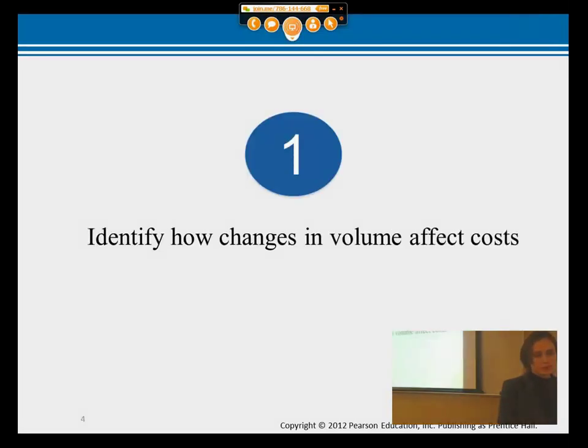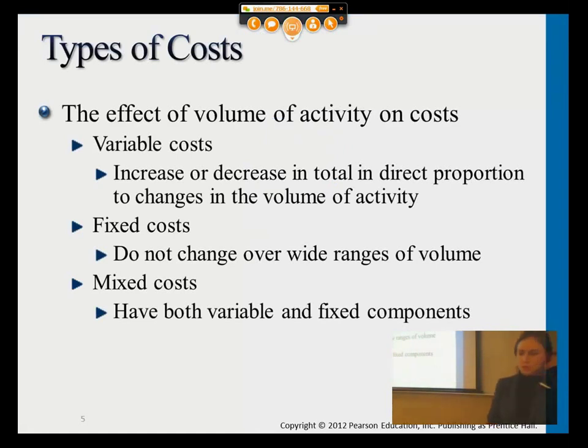Okay? All right, so let's start with the first one. We want to identify how changes in volume affect our costs. Okay. So some costs, just like your cost of goods sold, they increase as the volume of production also increases, right? And some costs do not.